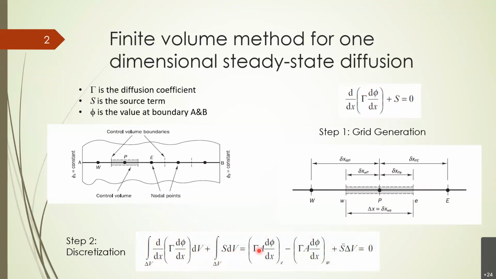It will equal gamma A d theta over dx at the small e point, minus gamma A d theta over dx at the small w point, plus S bar delta V, equal to 0. The S bar represents the average value of the source S, and delta V is the volume.